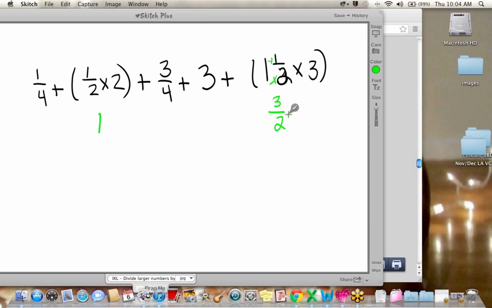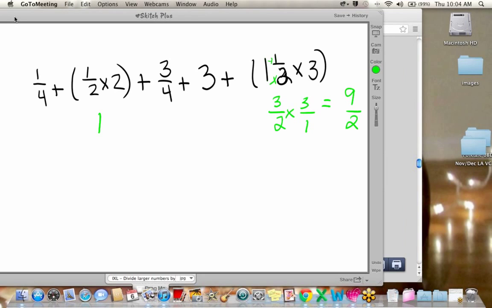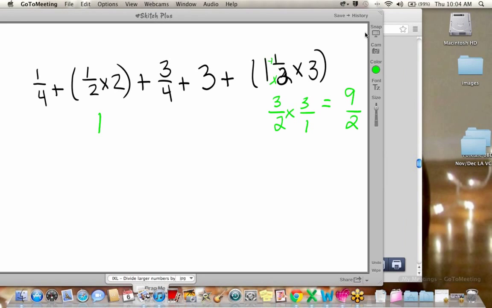So I have 3/2 times 3/1 equals 9/2. Or what would be the mixed number that 9/2 represents? Go ahead and type it into the chat. Here we go. 4.5. That's right.